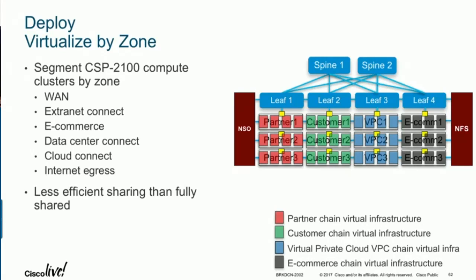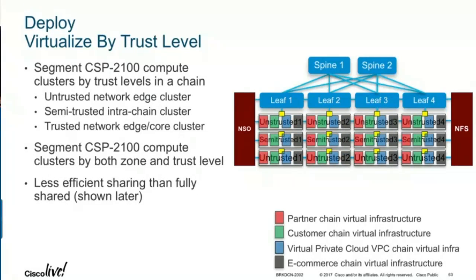So another way of segmenting is this. I create a CSP compute cluster closest to the internet, so the most untrusted. Then I have another CSP compute cluster closest to my internal private network, and then one in the middle. So it's like 3 tiers of security.